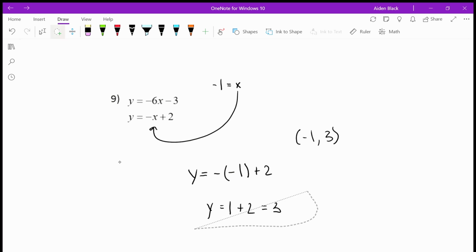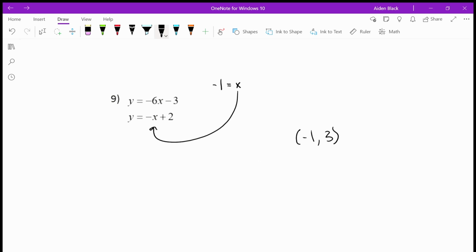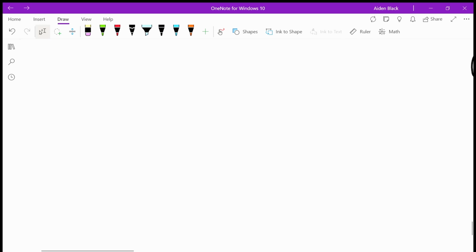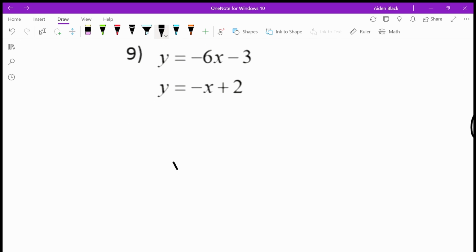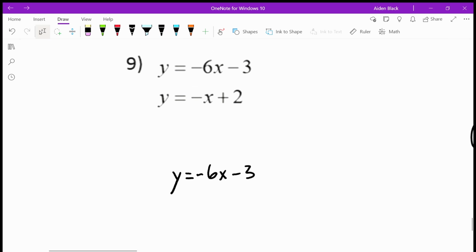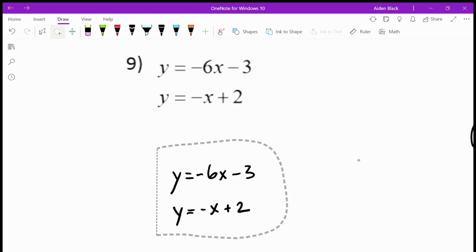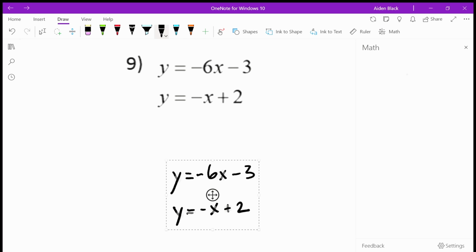I'd like to show you real quick what it means to have a system of equations and have a solution. So I'm going to write these out real quick. Hopefully it'll be legible enough. And we're going to graph it. y equals -6x minus 3, and y is equal to -x plus 2.